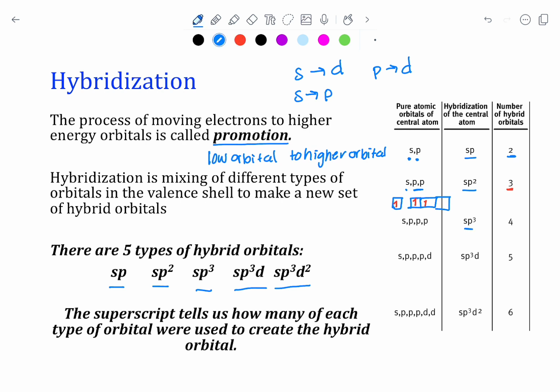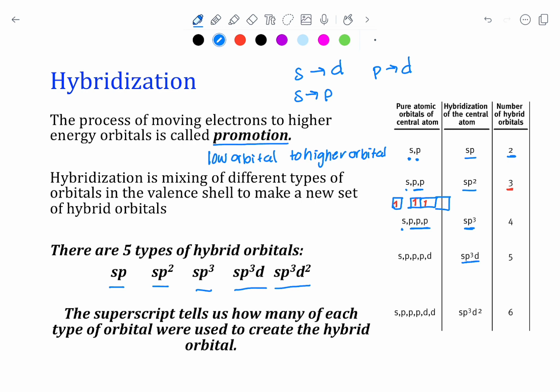Next up, we have sp3, and hopefully we can start to see the pattern that's going on. sp3 means that we have one s orbital and three p orbitals, so I'd have an extra unpaired electron in my p orbitals. Once I've finished up all three of my p orbitals there, I can't go any higher than that because there's only three orientations of the p orbitals. We then move on to d, so our next hybridization is sp3d.